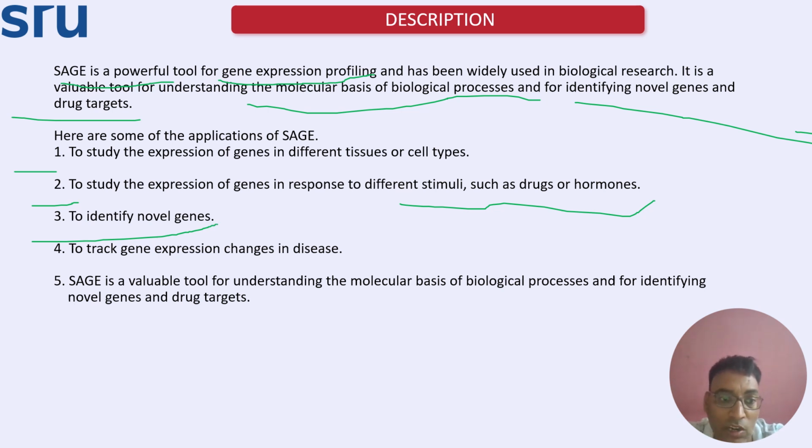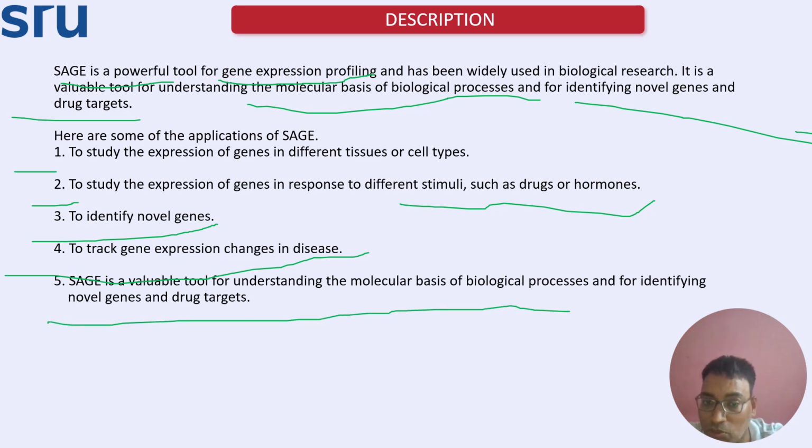To track gene expression changes in disease, just like the microarray people do. We'll be learning that in this session. SAGE is a powerful tool for understanding the molecular basis of biological processes and for identifying novel genes and drug targets. These are a few important examples and applications of how to use SAGE, and why it is so important.